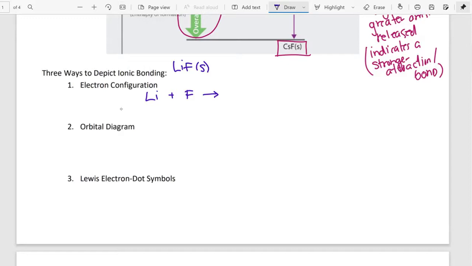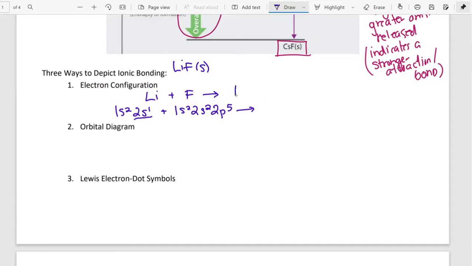If we look at their electron configurations, lithium is 1s2, 2s1, and a fluorine atom is 1s2, 2s2, 2p5. That one electron in 2s is going to get transferred to the fluorine atom.